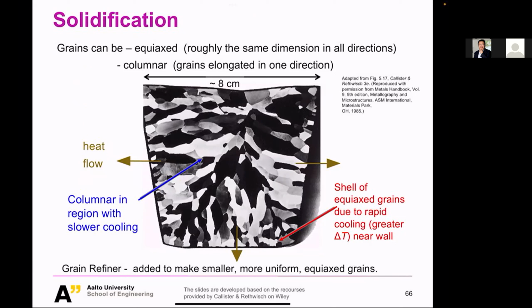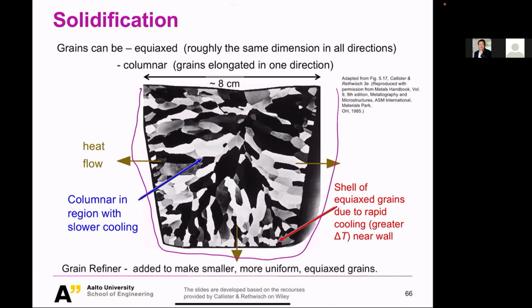What will happen? The liquid is at very high temperature, and the container is at rather low temperature. You will have your solidification process going on, and a typical behavior you could observe at the wall is really small grains, also equiaxed grains.